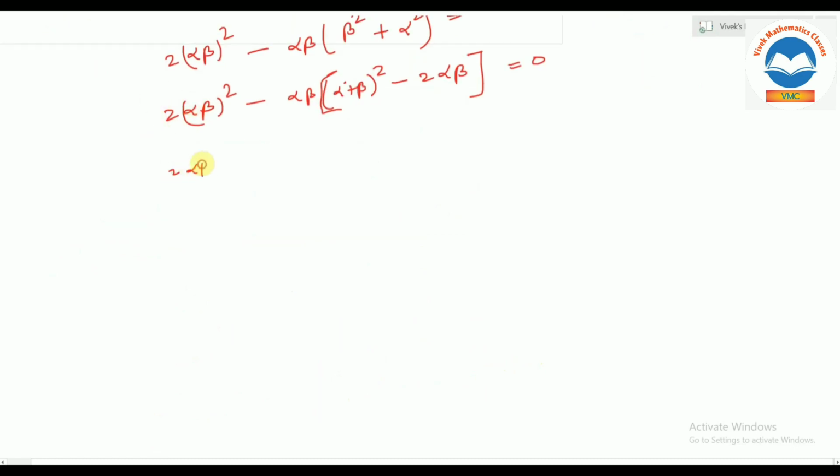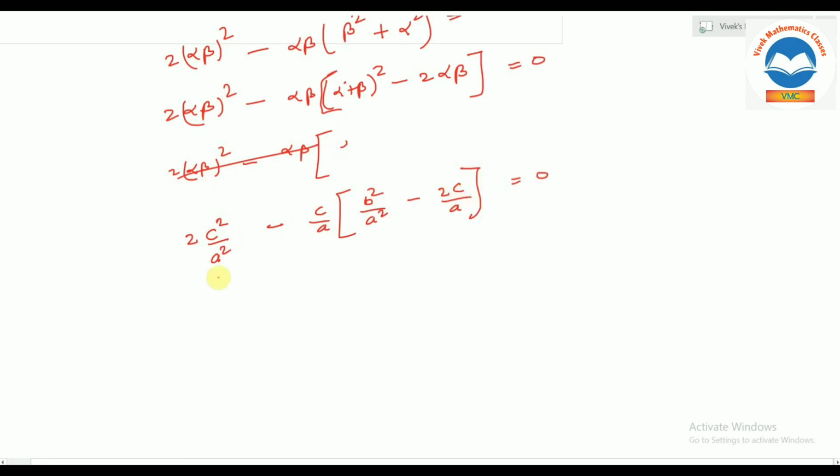We can substitute all the values directly. 2 times alpha beta, which is c by a, so c square by a square, minus c by a into bracket b square by a square minus 2 times c by a, and this will be 0.